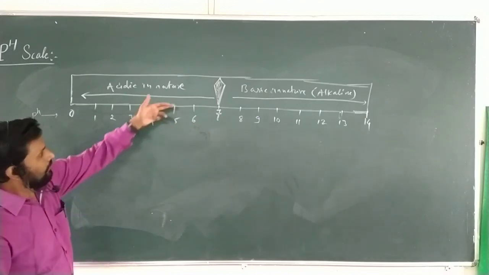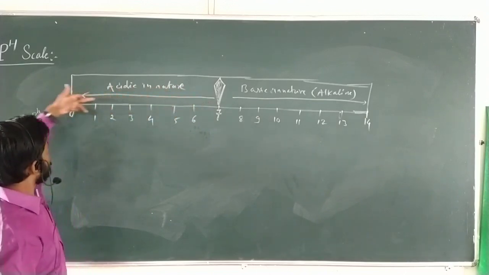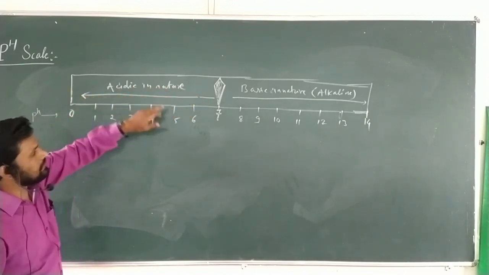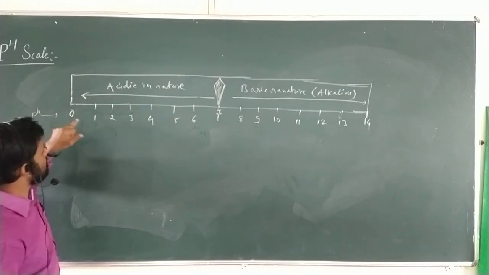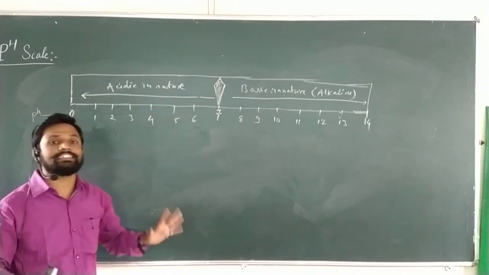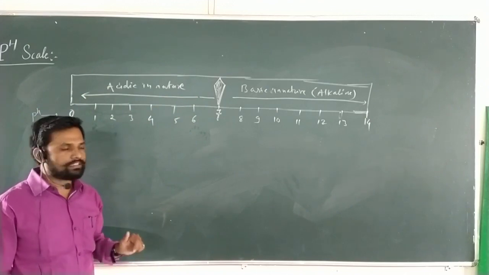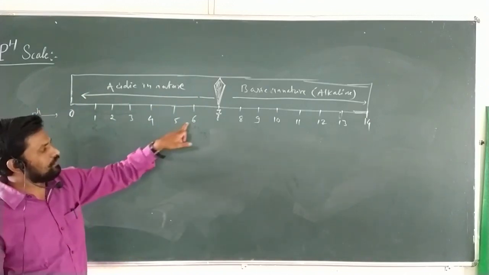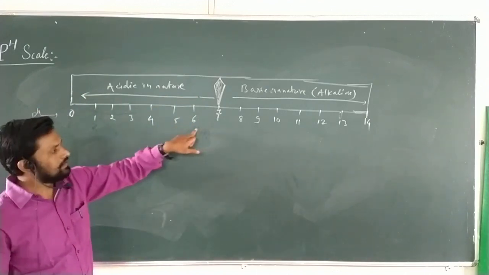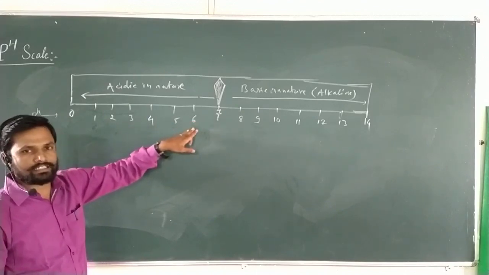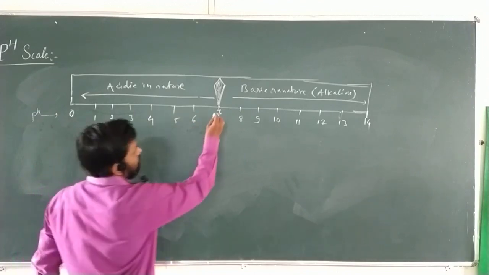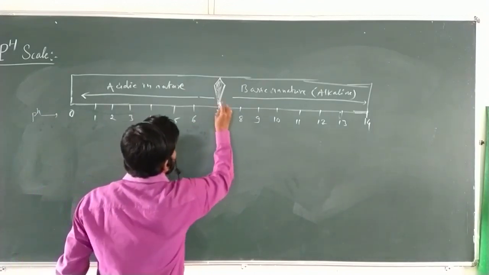As the pH value decreases from 6 to 0, the acidity increases. When the pH value is 0 or 1, they are strong acids. If the pH value is 4, 5, 6, up to 6 or 6.5, they are weak acids. But when pH is 7, it is neutral in nature.